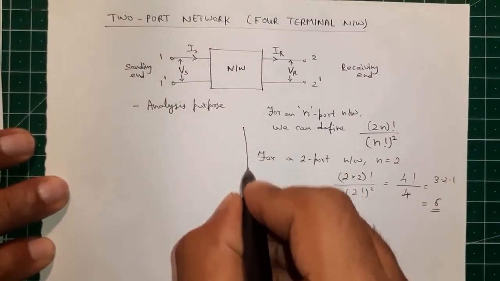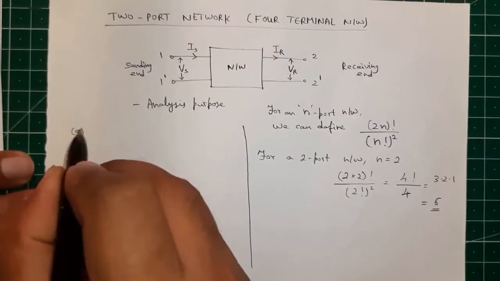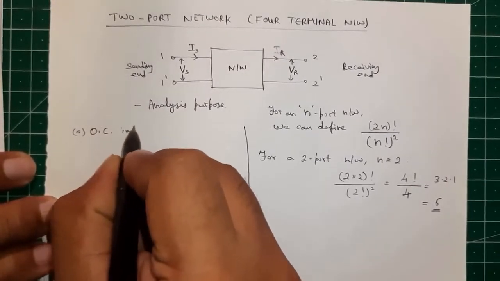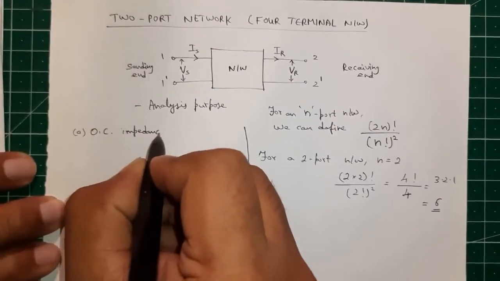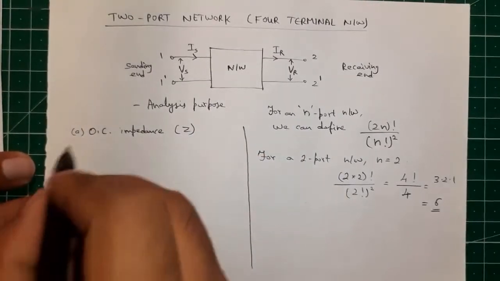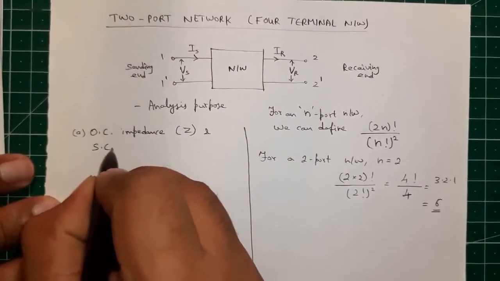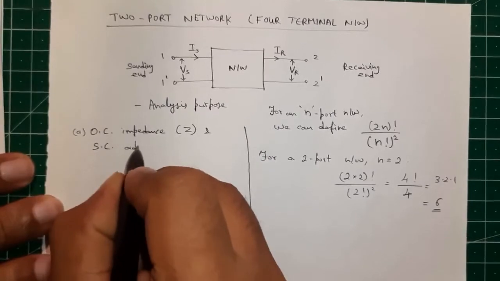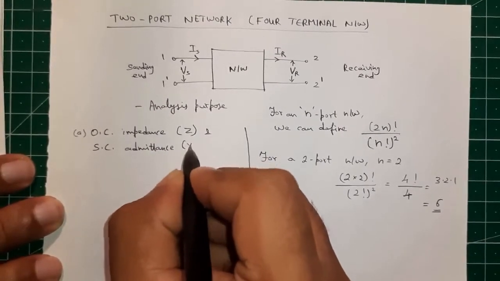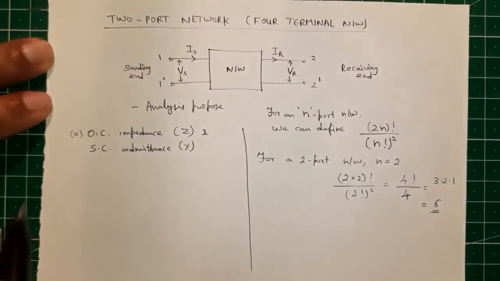So what are those parameters? We can have the open circuit impedance parameter or the Z parameter, and the short circuit admittance parameter or the Y parameter. These two are the most commonly used parameters.